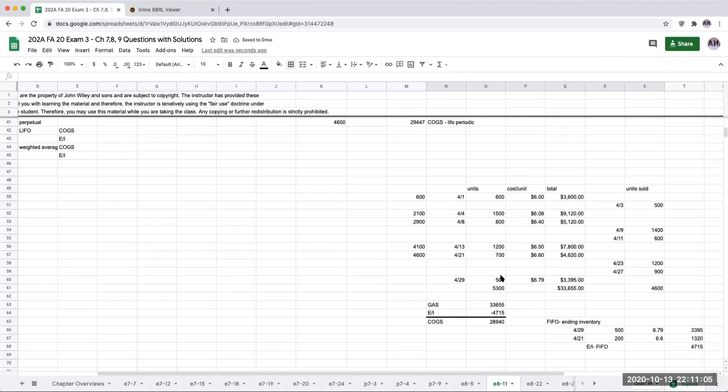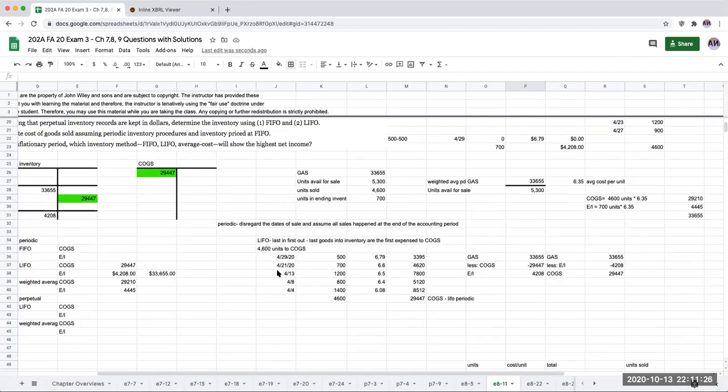Okay, so say if I went through here and I just wanted to validate that this was correct. If I change this to 0 and I change this to 500, which is what I needed here to meet my cost of goods sold, I sold 4,600 units right over here. This was my ending inventory. And so my cost of goods sold is 28,940.